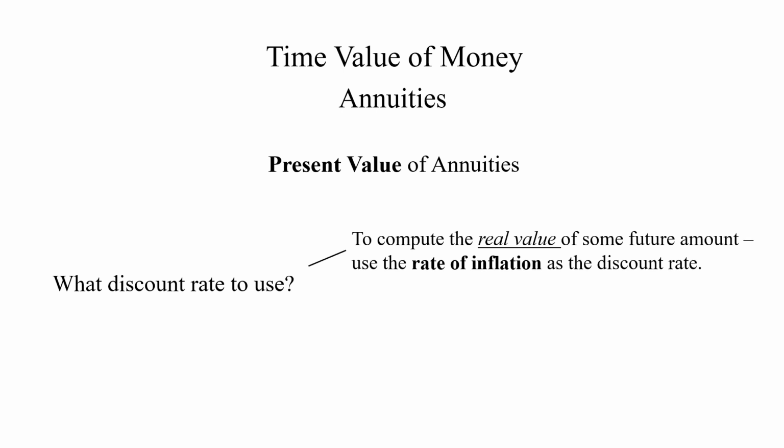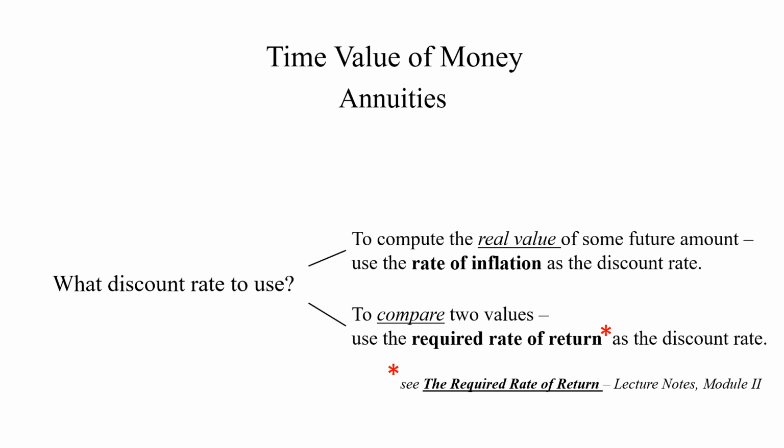Now let's consider the present value of an annuity. Just as in the case with the present value of an amount, the trick with the present value of an annuity calculations is in choosing the appropriate discount rate. If we want to know the real or purchasing power value of some future amount, we simply use the anticipated average annual rate of inflation as the discount rate.